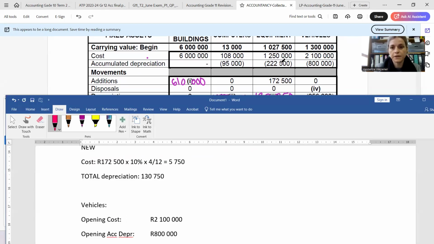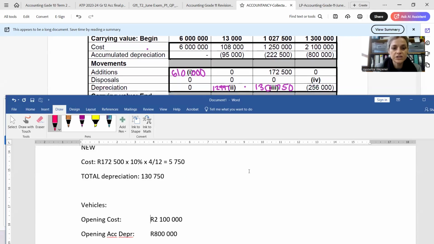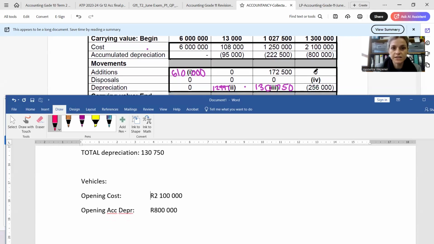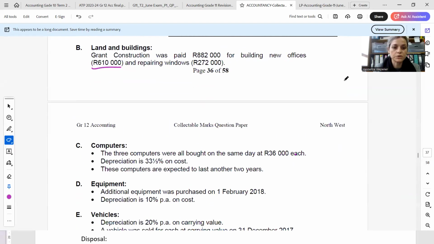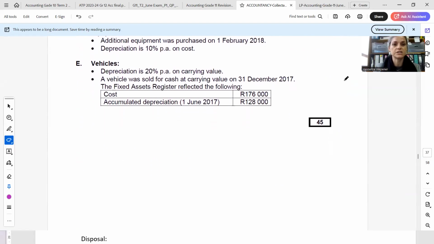Then they said that you had a disposal, but you didn't have any additions. So in other words, you didn't have all of this for the full financial year because there was a disposal. And we don't know any of the details regarding the disposal, so we will go to the additional information.